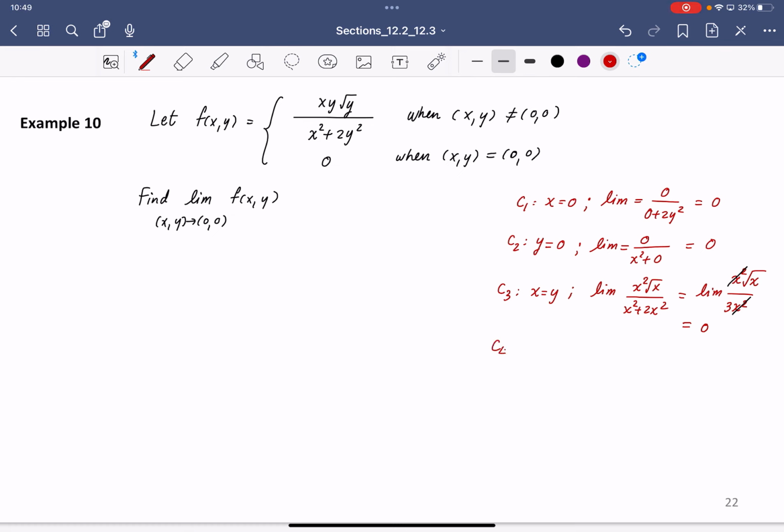You can try another curve, for example x equal to y squared, or y equal to x squared.